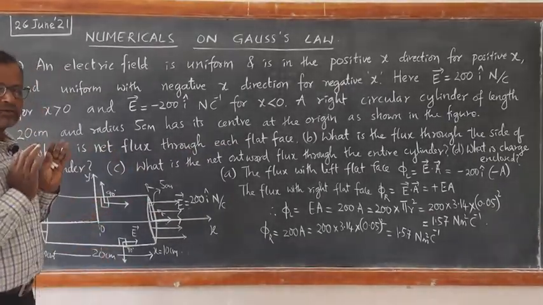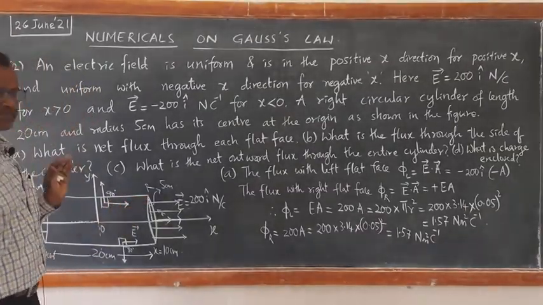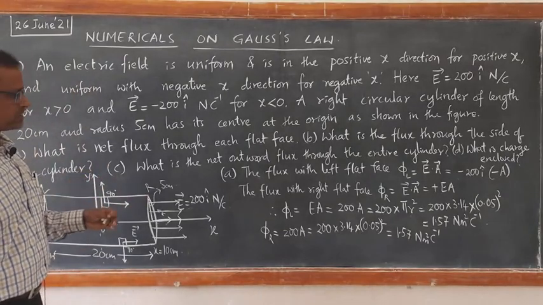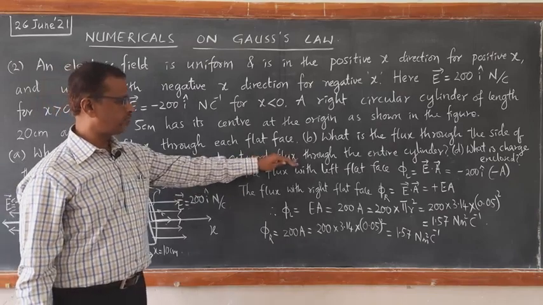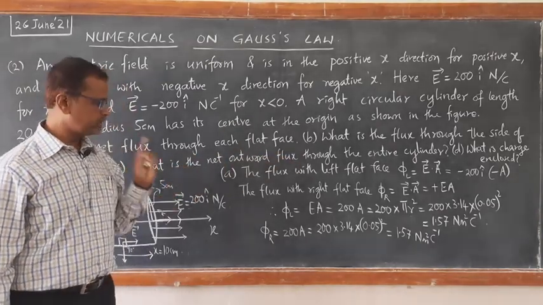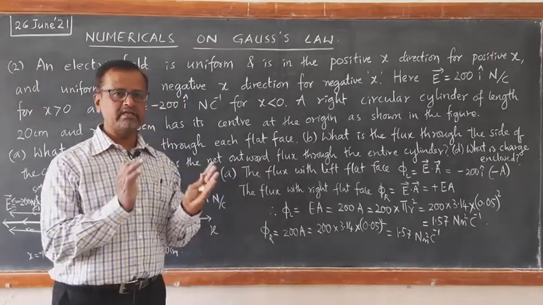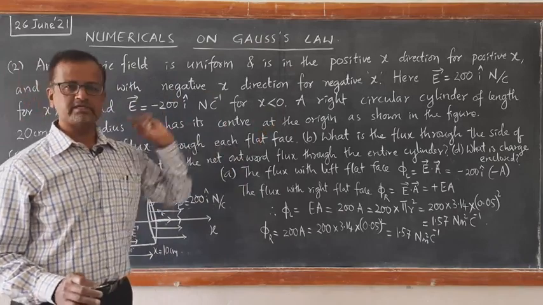So, there is only flux contribution from the right flat face and left flat face. That is how we can calculate the total flux enclosed; the total outward flux through the entire cylinder will be only through the right face and left face. Just add them, we will get the total flux. Then next, what is the charge enclosed?